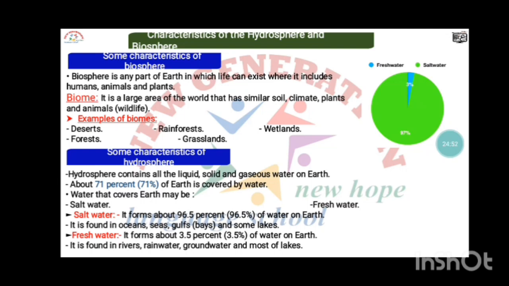Fresh water forms about 3.5% of water on Earth, and it is found in rivers, rain, groundwater, and most lakes.